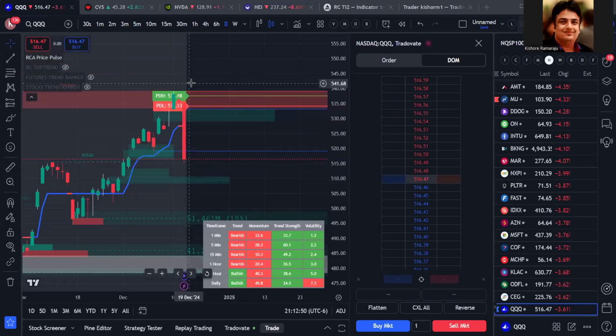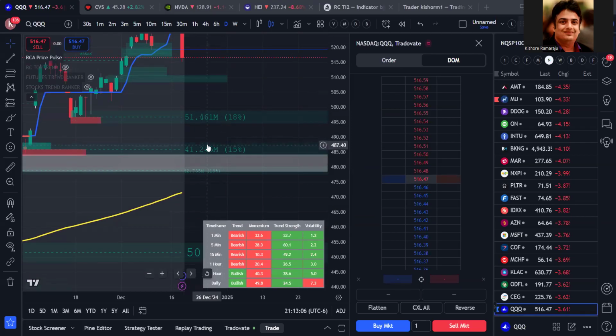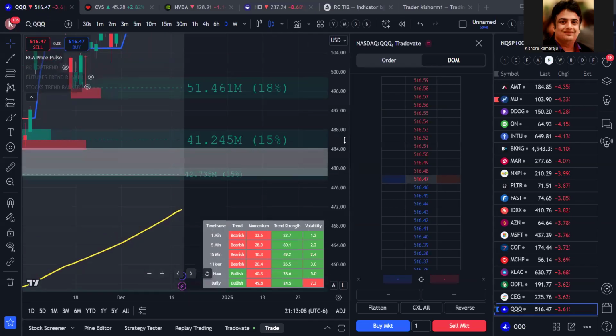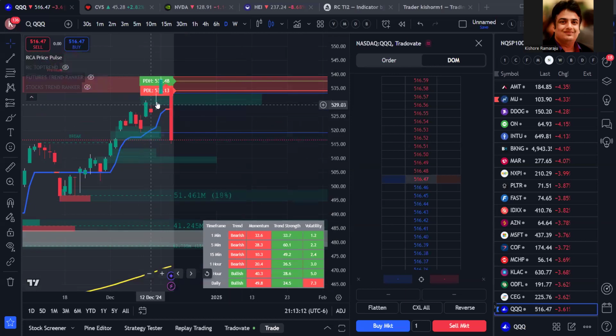If it breaks it, it will go all the way up. Otherwise, it will touch that line. Then again, 510 is the next strong support. If it breaks 510, then 495, 485. Those are your strong support areas. But tomorrow, most probably, we'll see a bounce.